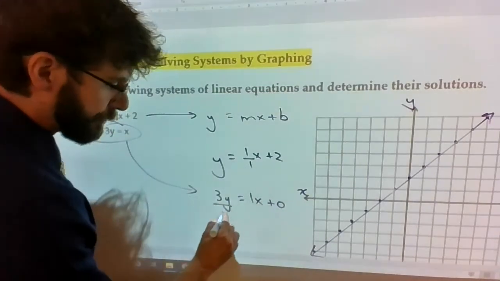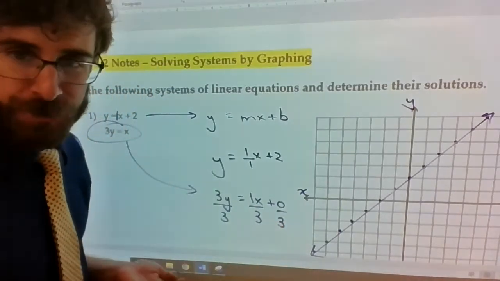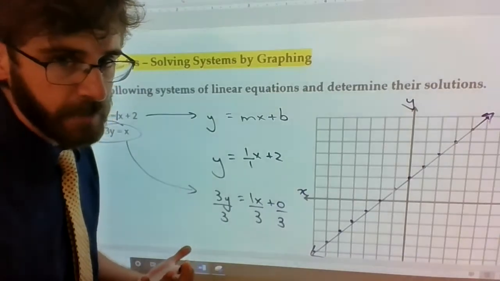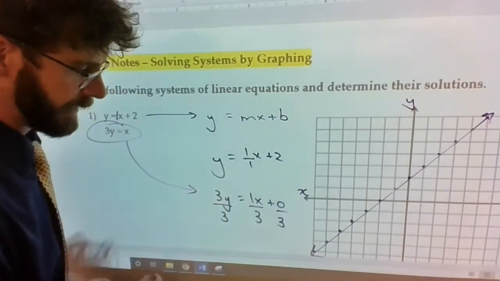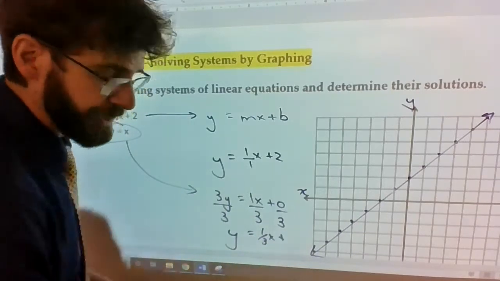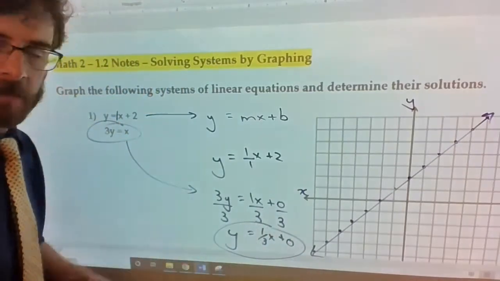Now, divide by 3 is really the only algebra move that we got to do to both sides of the equation. I wouldn't subtract and I wouldn't add, because it's literally just multiplication happening here. So y equals 1/3 x plus 0 divided by anything is still 0. And that's my second equation.